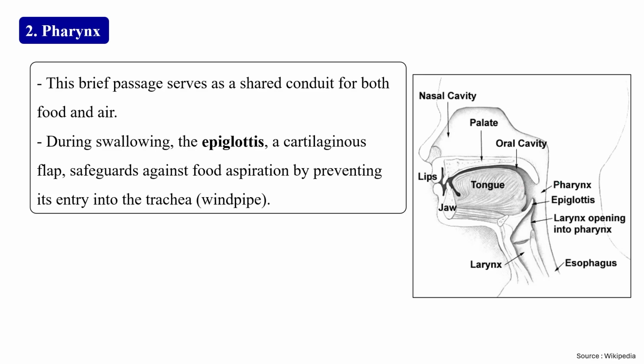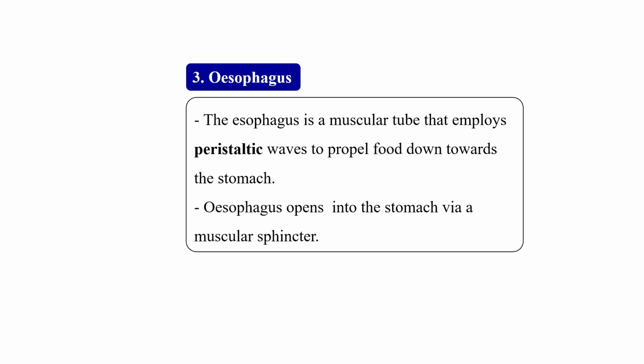In the last part, there is a common area which is known as the pharynx, from where both the air as well as food come down, and only food goes towards the esophagus area. Why? Because this epiglottis actually prevents food from coming into the windpipe. Clear? So this is the next area, the pharynx, followed by the esophagus, right?